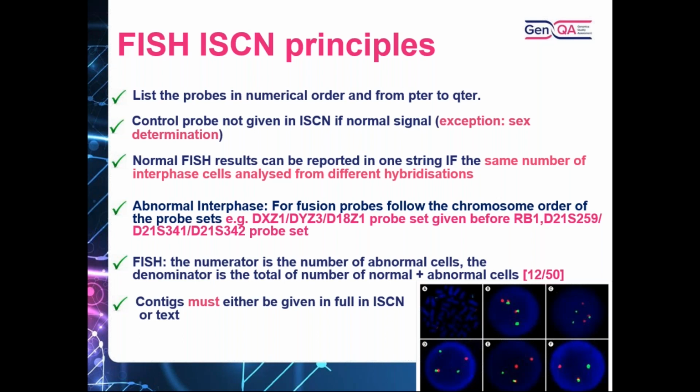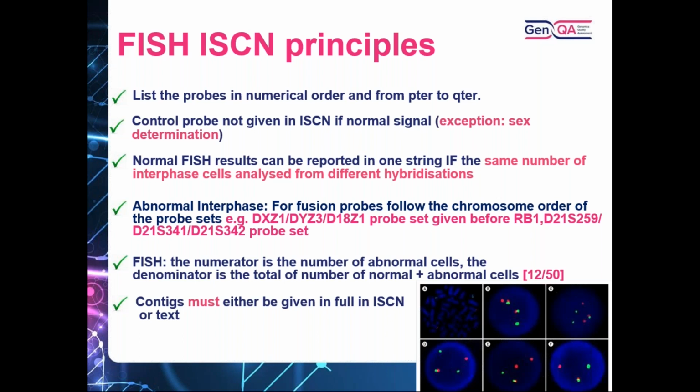The control probe is not given in ISCN if there's a normal signal pattern. The only exception being for sex determination, because you do need to know what the X and the Y signal pattern is. Normal FISH results can be reported in one string only if the same number of interphase cells was analysed from the different hybridizations.